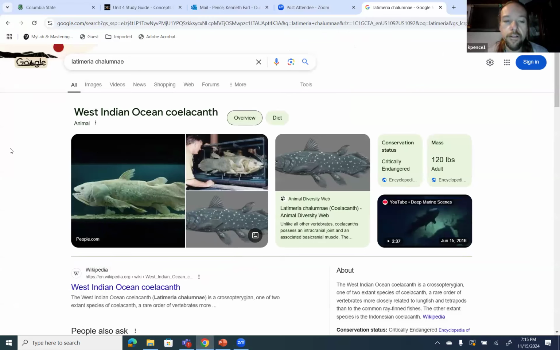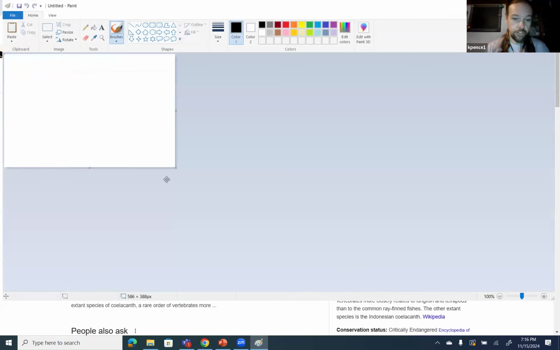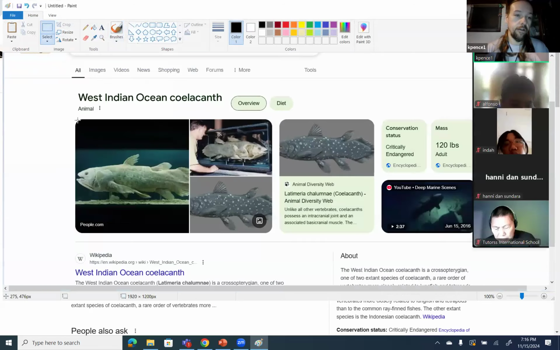If you didn't know, coelacanths are referred to as living fossils. We actually thought these guys were extinct, but we found a big population of these in Africa. And just to help with the activity, these guys are also known as walking fish, because walking fish have a front shoulder and a back pelvis, unlike other fish that just have fins.